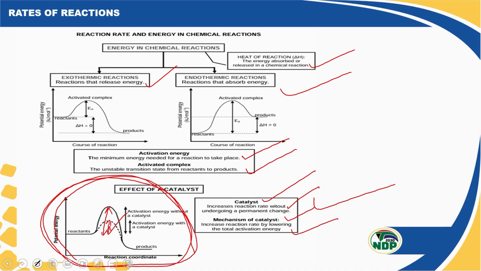So factor number one, when we look at factors that affect the rate of reaction, is the addition of a catalyst. Your catalyst is there to lower the activation energy, but while lowering the activation energy, it speeds up the rate of reaction.